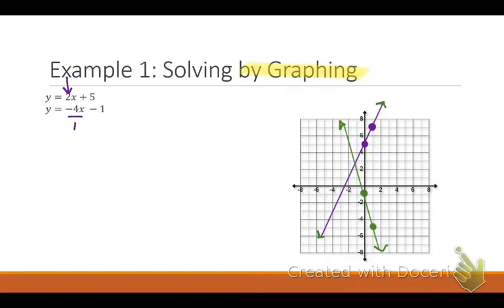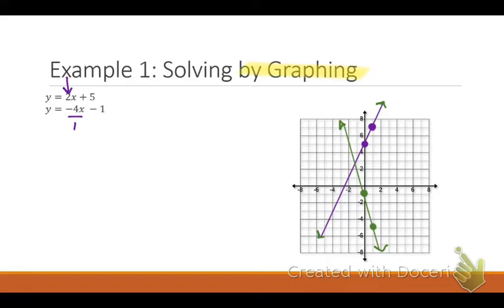But there's one solution that is a solution to both equations. That's what's new here. This is what's different than what you've done before. That solution is the ordered pair where the lines cross. I know it's not quite exact, but what point is it really close to? I go left 1 and up 3. It's really close to -1, 3.